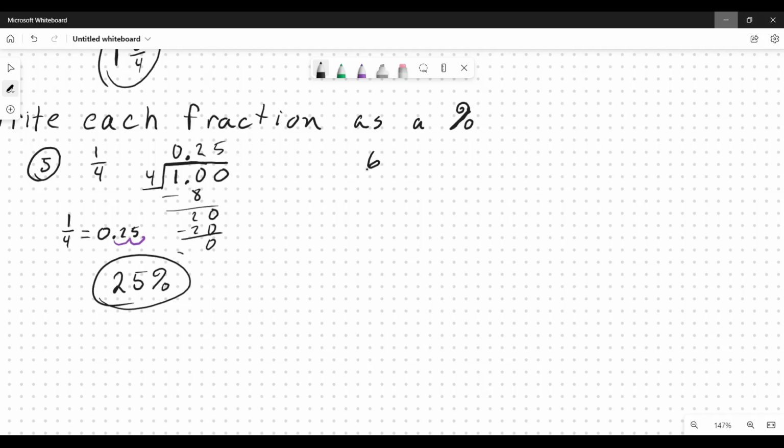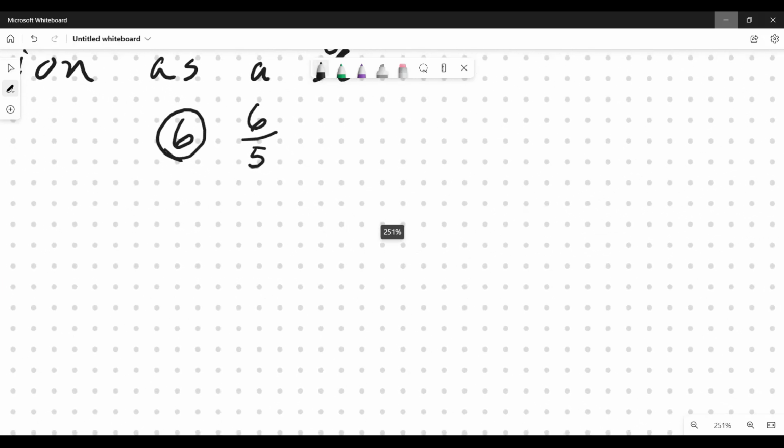And let's have a pop quiz. 6/5. So we're going to do the same steps. We're going to do 5 into 6.0. 5 goes into 6 how many times? Once. 1 times 5 is 5.